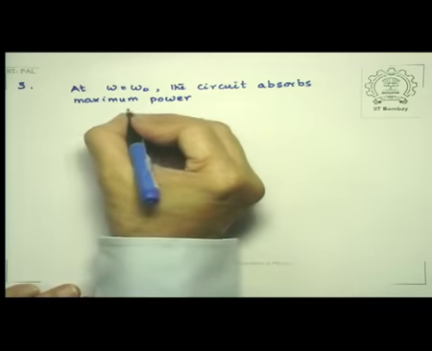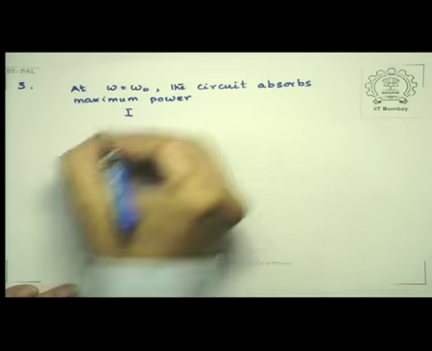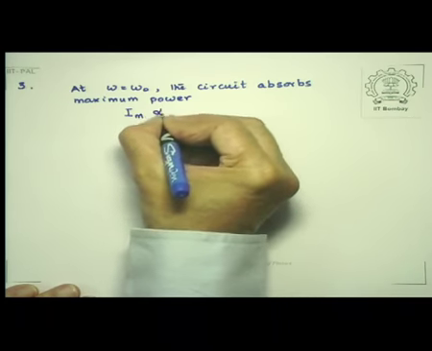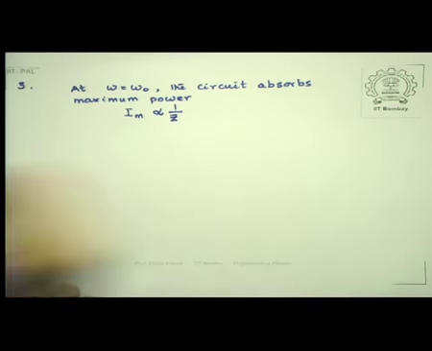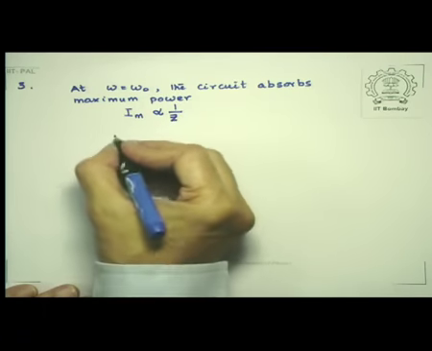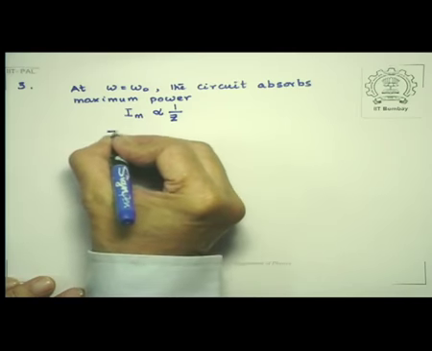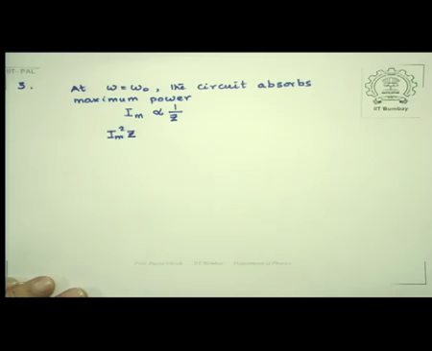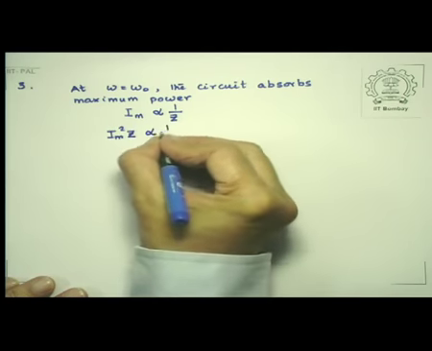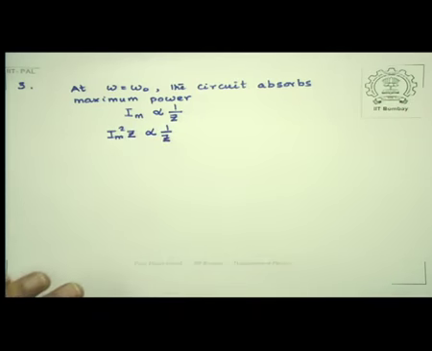Now you can see why. We have seen that Im is proportional to 1 over Z for a given Vm. Now the power then, which is Im square Z, is proportional to 1 over Z also, because Im square is proportional to 1 over Z square.